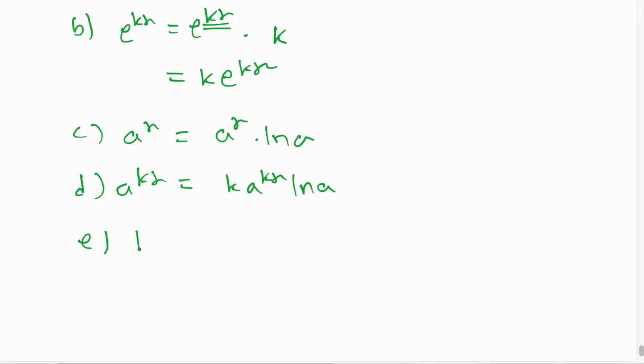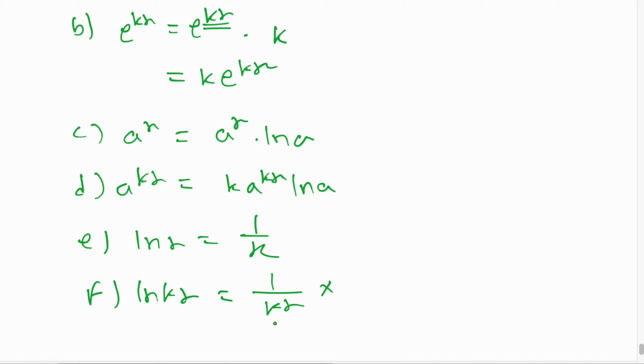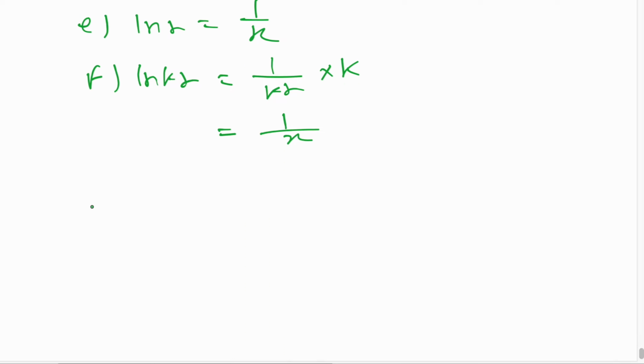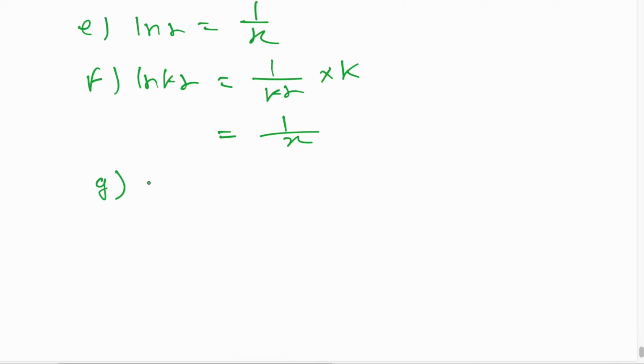Then e, d/dx of ln x is equal to 1 by x, and d/dx of ln kx is equal to 1 by kx into, differentiate this part again, k, that means k cancels and 1 by x would be the answer. G, log of x base 10, take it to ln base, okay, let's do it again. Here would be d/dx.